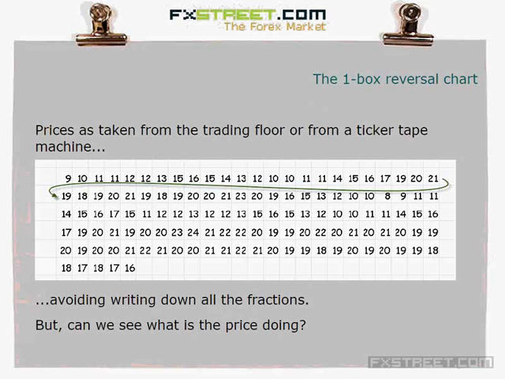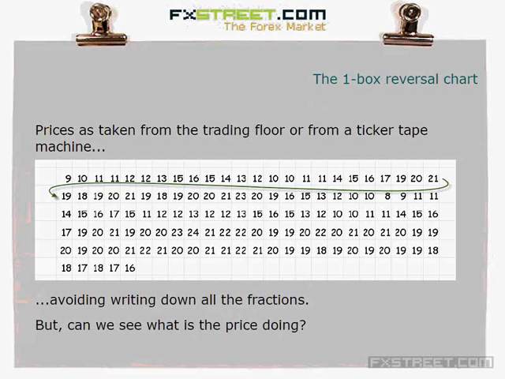So initially, that was the solution people found to take note of prices as they moved. But we can't really see what price is done during the period.